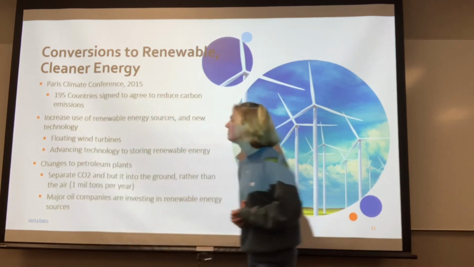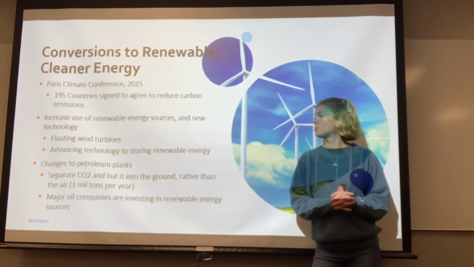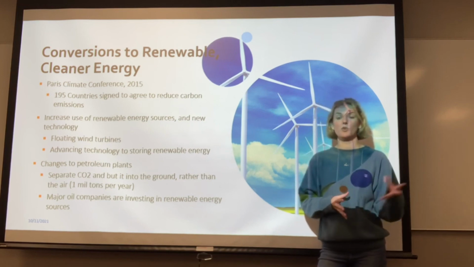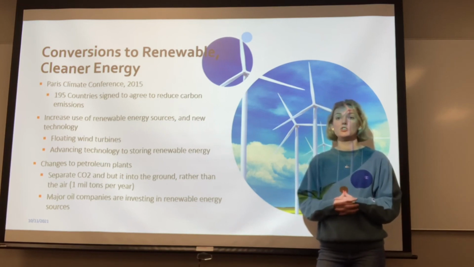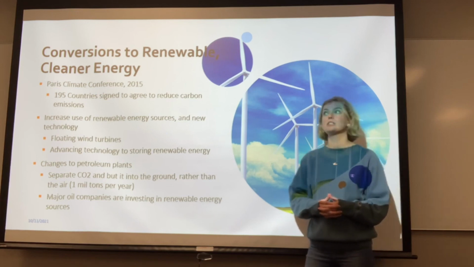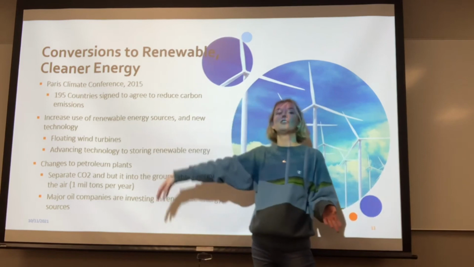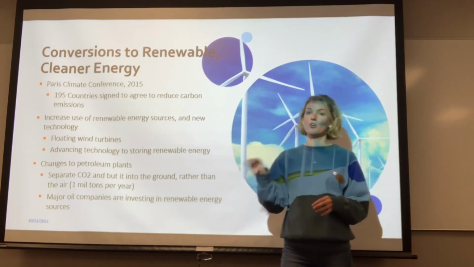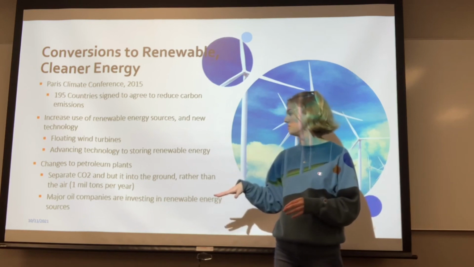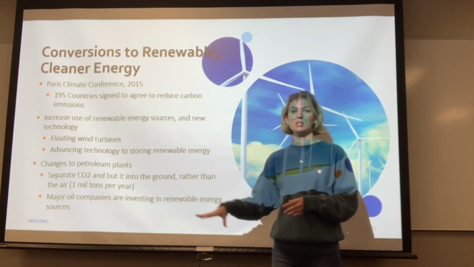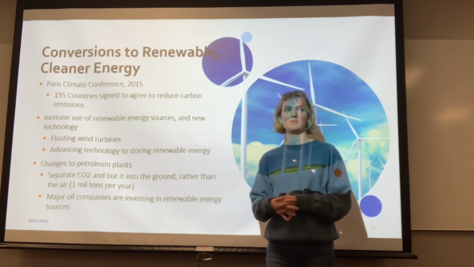And lastly, the petroleum plants, the oil plants, have made changes to be cleaner. One example is that rather than releasing CO2 into the air, which is not good, they are now releasing it into the earth. Thousands of meters down, 1 million tons per year are released under the earth, under the sea.